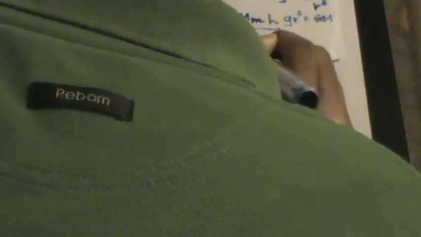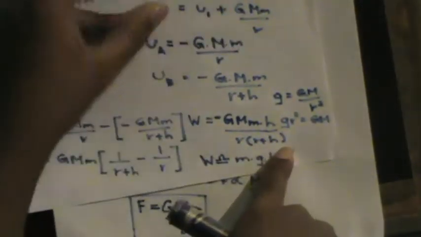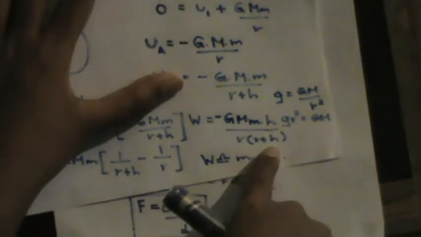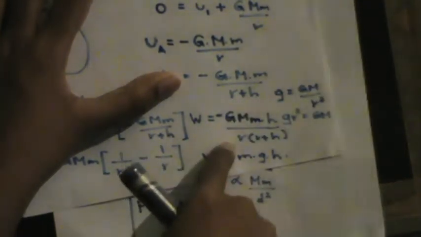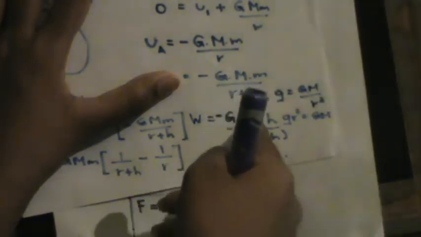What actually happens is that this will be approximately equal to m times g times h, because if you are taking h to be a very small value, you can say R plus H is approximately equal to R. So R plus H times R is R square, and that R square will cancel with the R square here. So the work is approximately equal to mgh.